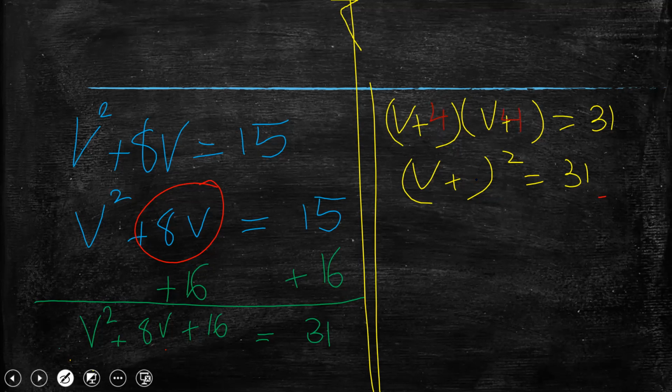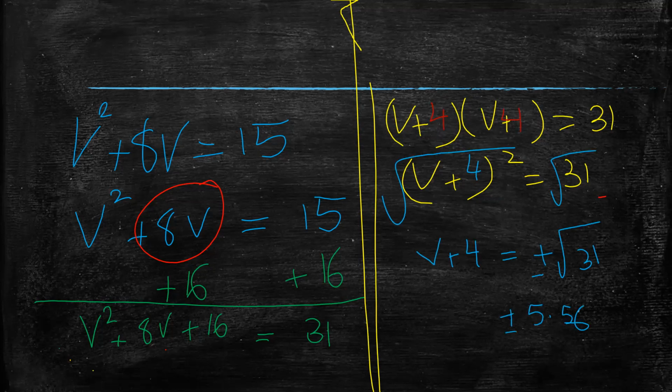So then what we have to do is take the square root. So v plus 4 equals positive or negative the square root of 31. Now, as I told you, in the final, the calculator will be allowed. So the square root of 31 is 5.56, positive or negative. Teacher, how will you make square root in the calculator?